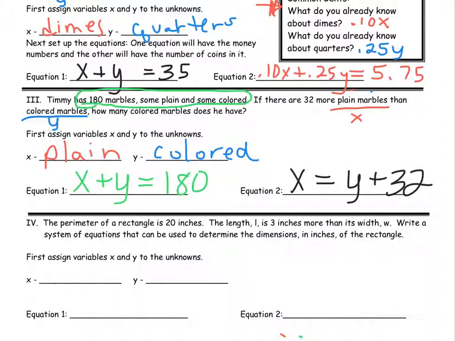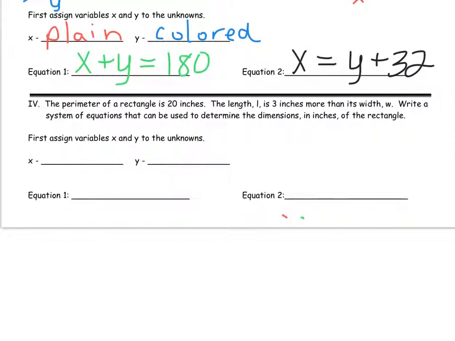Okay, another really popular kind of equation they love to give us are equations talking about perimeter. A perimeter is a total. So our first thing we have to do is figure out our two unknown variables. Well, if you think about it, if we are talking about a rectangle, we're talking about our length times our width.